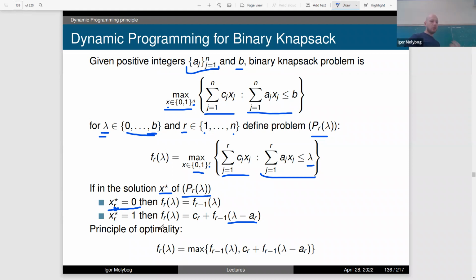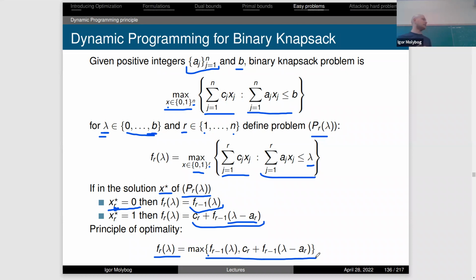Right, and now we are ready to formulate the principle of optimality, which tells us that f_r of lambda is equal to either this guy or this guy, depending on which one is larger, which is basically what's written here. And this essentially defines the solution to a problem of a bigger size through a solution to a problem of a smaller size, which is f_{r-1} of lambda and f_{r-1} of lambda minus a_r.